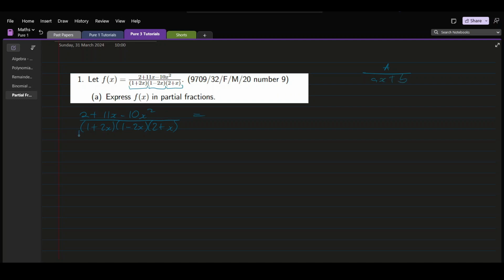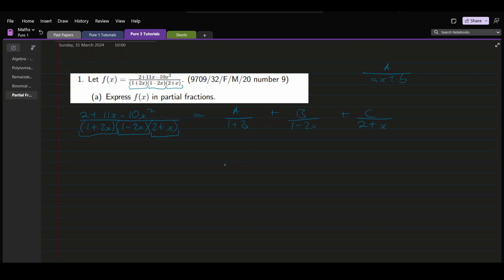You take the first factor, 1 plus 2x, and for your numerator, you put any capital letter that you want. So that's A over 1 plus 2x. Since it's linear, we do the same: B over 1 minus 2x. And for the third one, C over 2 plus x.